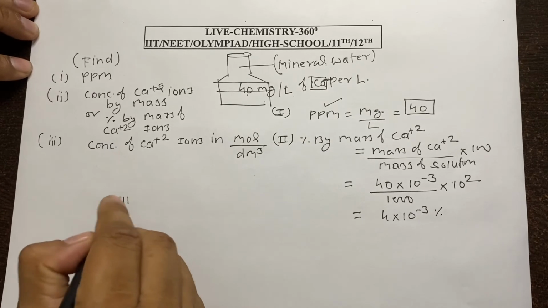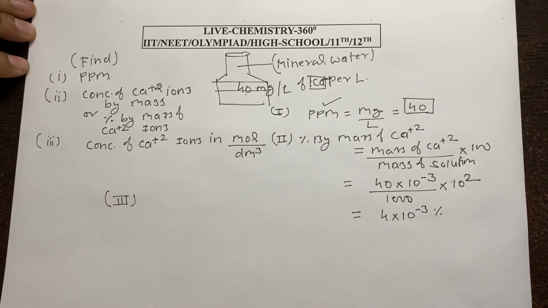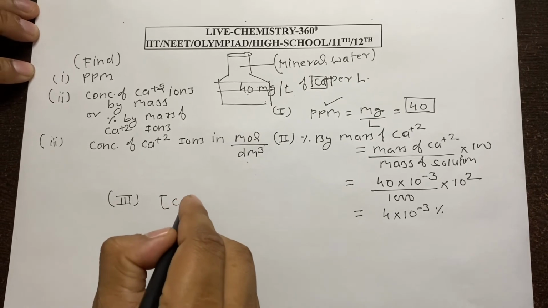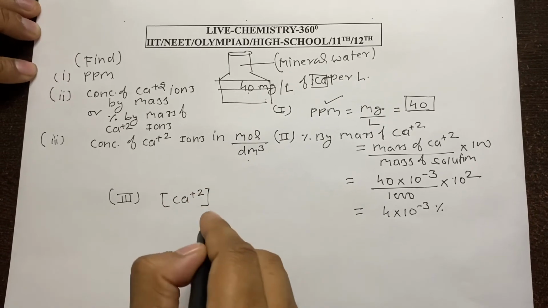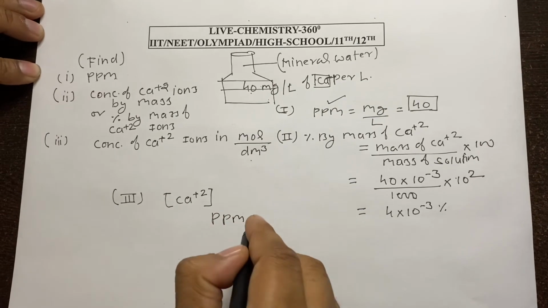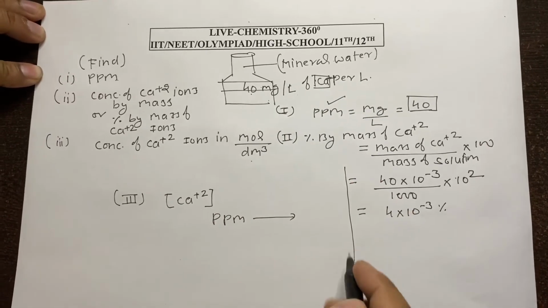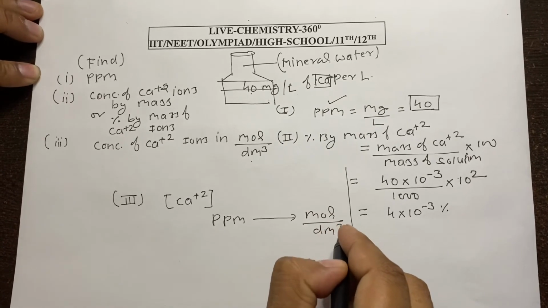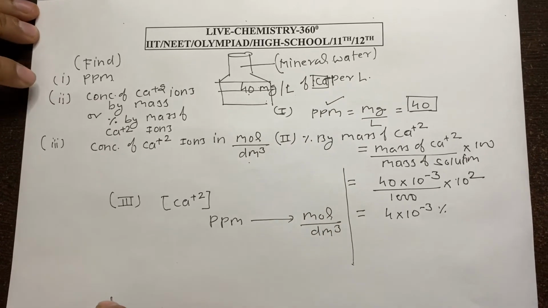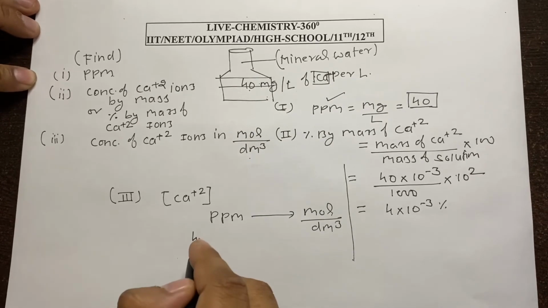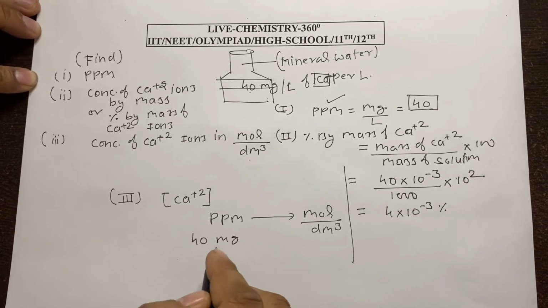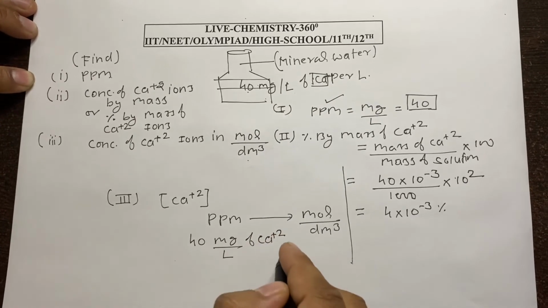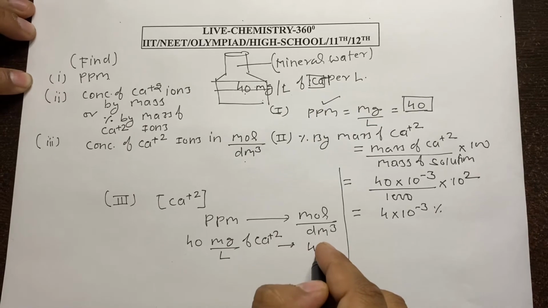In the third part, it is required to calculate the concentration, which is the molarity of Ca+2 ion. This means that ppm is required to be converted into mole per dm cube or mole per liter, because 1 liter is equal to 1 dm cube. So 40 milligram per liter of Ca+2 is to be converted into concentration.